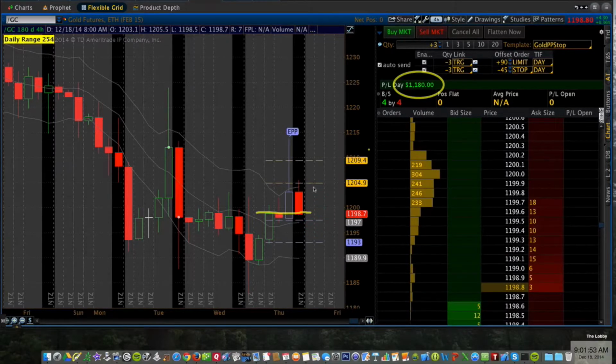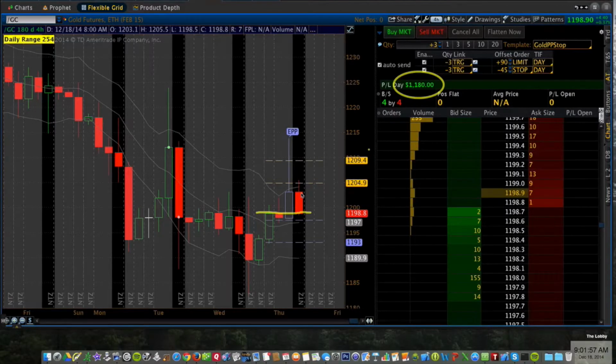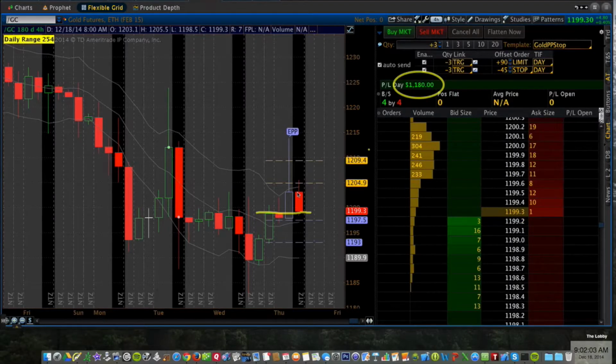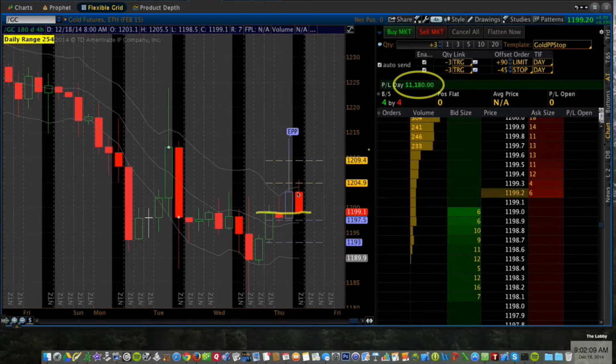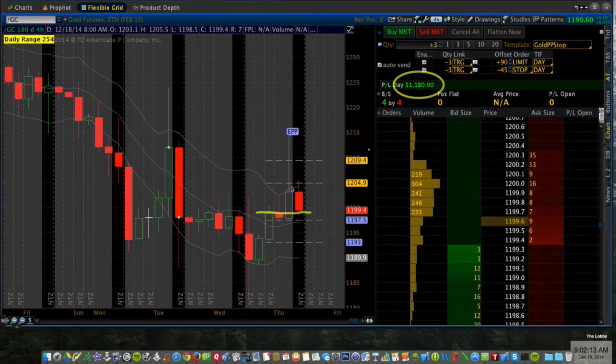So it went from being almost at a break-even point, dropping, I'm guessing, about 100 ticks, 200 ticks, really fast. So you've got to really be on your toes these days at the market, with all this weird stuff going on. But between that and the oil trade, we did pretty good today.